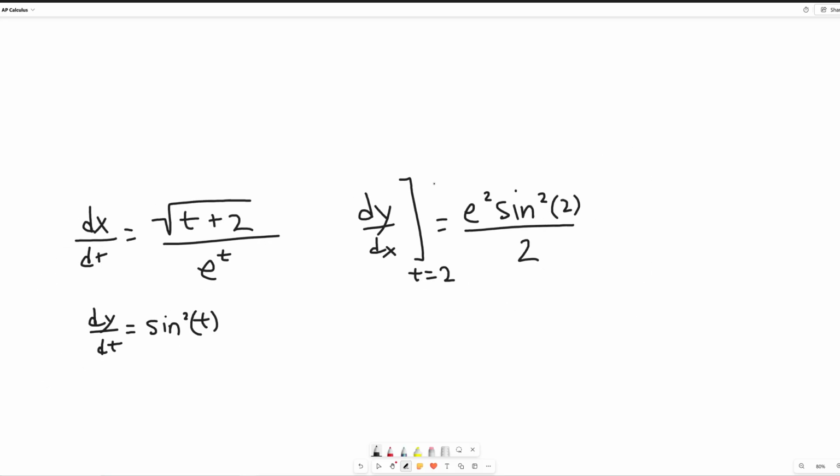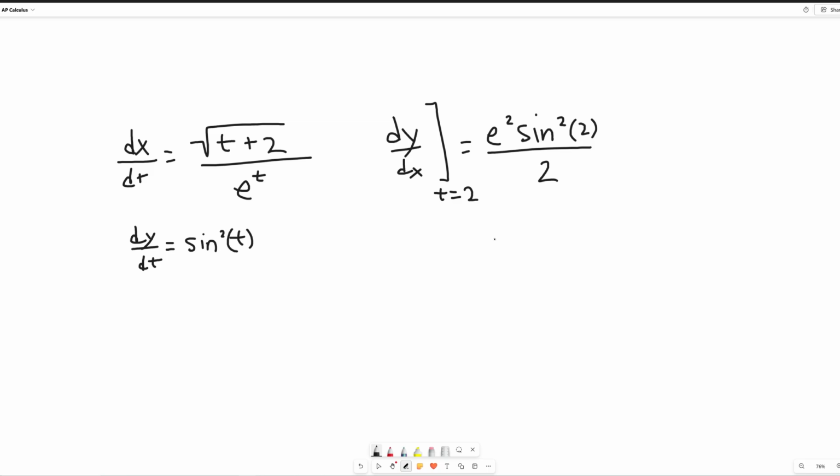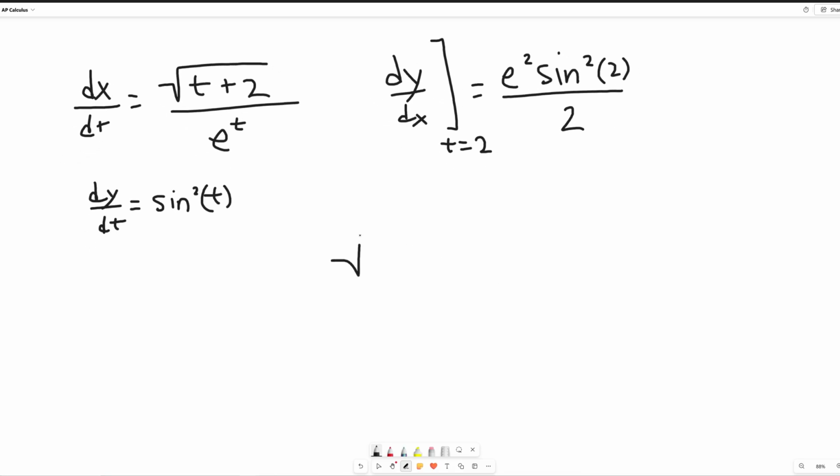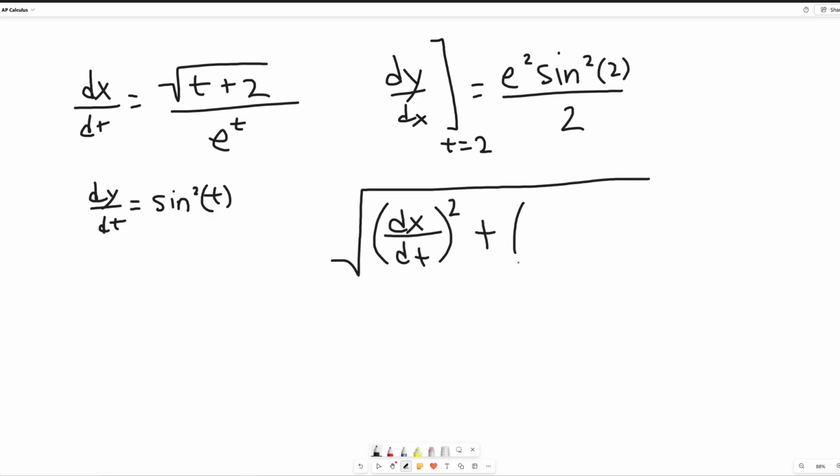Okay. Next part of the problem, find the speed at t equals 4. Alright, so let's plug in our speed equation. dx over dt squared plus dy over dt squared. Okay. dx over dt is our square root of 2 plus 2, so the square root of 4, or 2 over e squared.